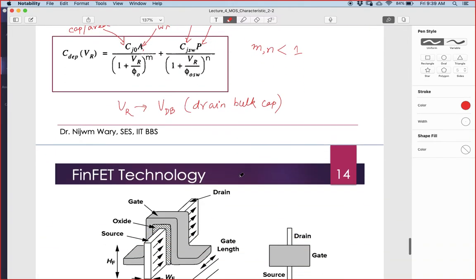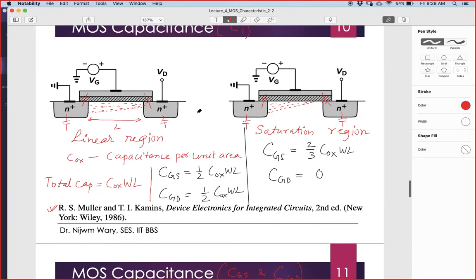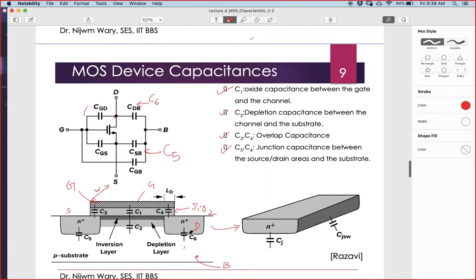Just to sum up, we have discussed that there will be a depletion capacitance between the drain and the bulk, and also between the source and the bulk, which we can do by drawing this 3D figure of the drain and the source, and then it can be divided into the bottom plate capacitance and the sidewall capacitance.